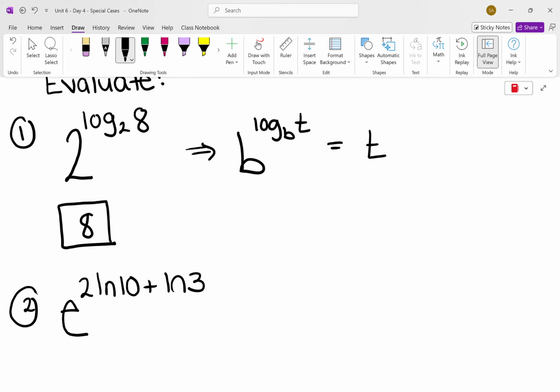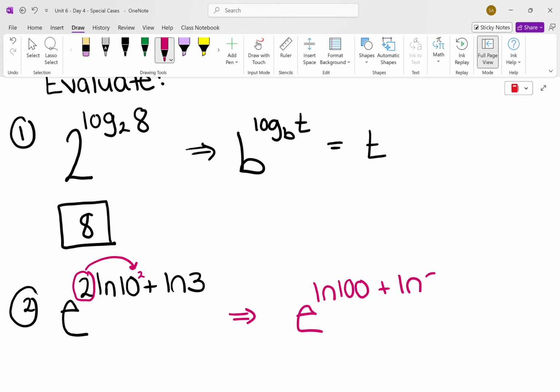Let's just simplify that exponent. So the first thing I'm going to do is really condense the exponent. So I'm going to pull that 2 in the front. Can I put it as an exponent on the 10? Yeah. Okay, so now this is going to be e to the ln of 10 squared, which is what? 100 plus the ln of 3.